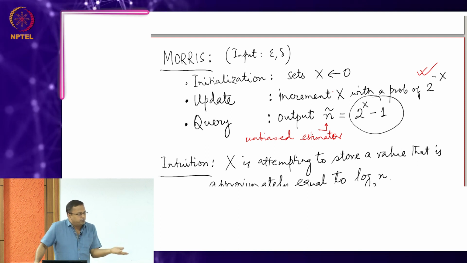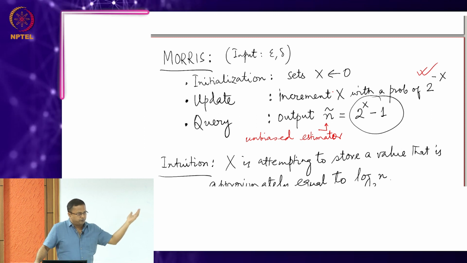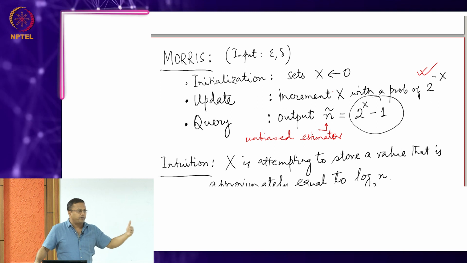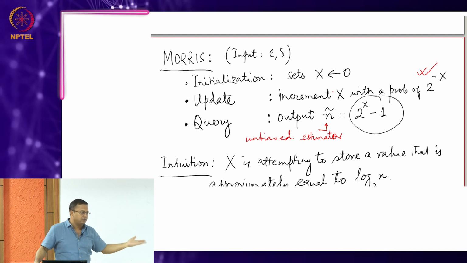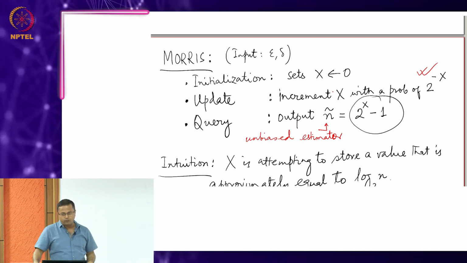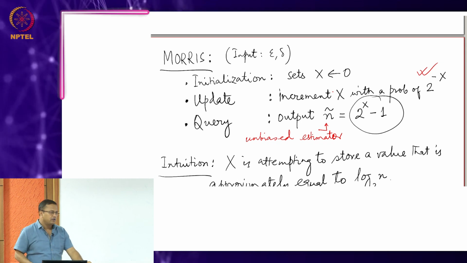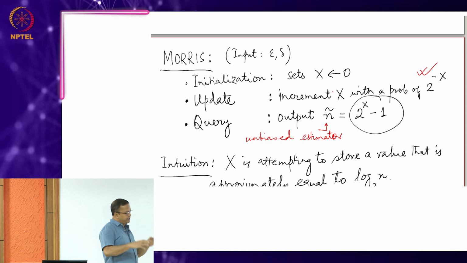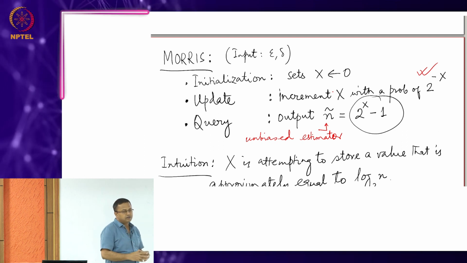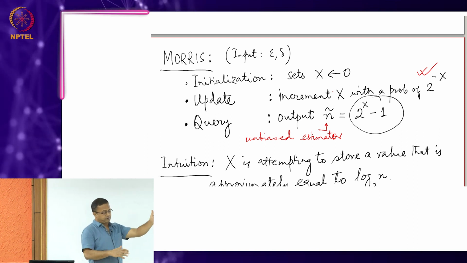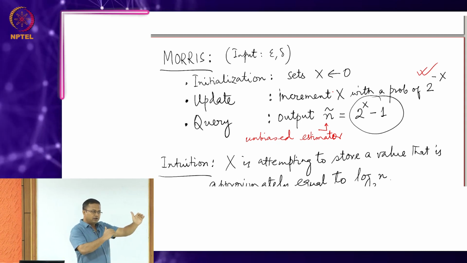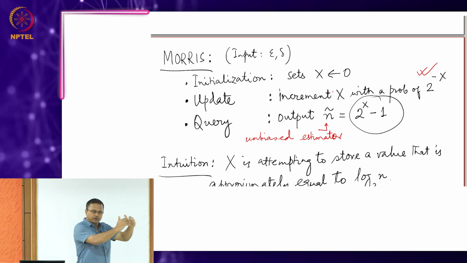But that I cannot do, because we have proved an impossibility result, that you have to at least give log n space to count exactly, right. I am not even willing to give log n space. So, what we are trying to get to is an estimate, which will not be exactly what I am supposed to count, but I want it to be as close to that as possible, right.